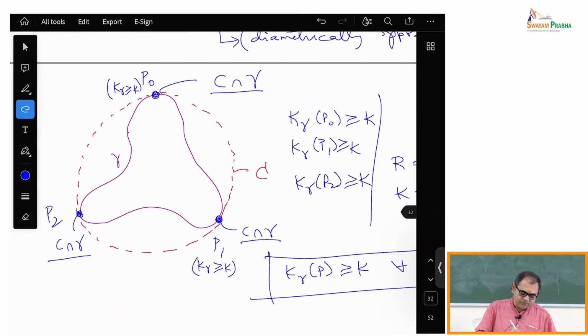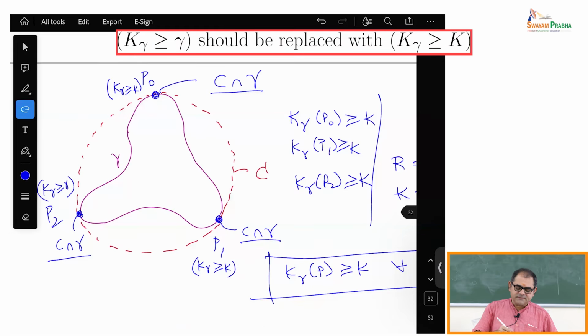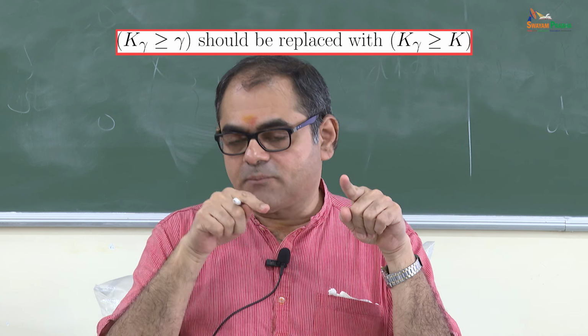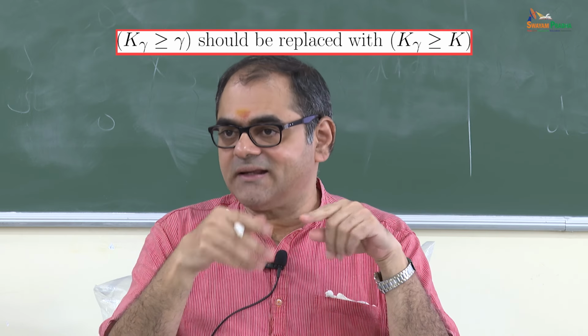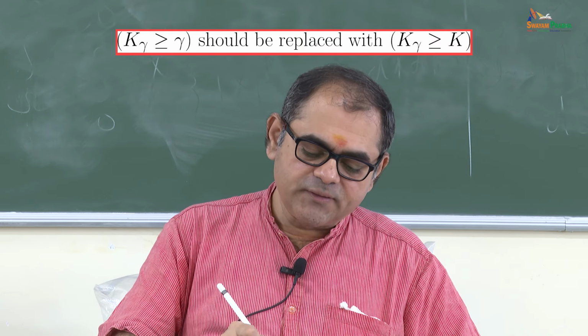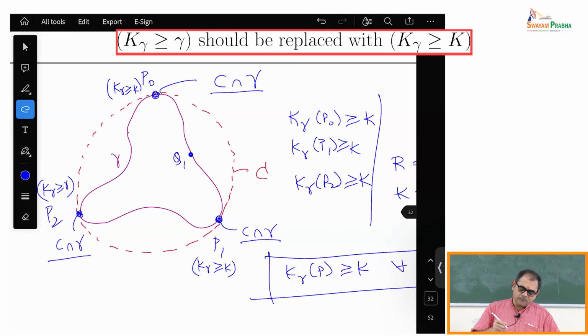And here also I have. The claim is that there are points in between any two such points on C intersection gamma where the curvature becomes strictly less than capital K. So you are going to get these points Q1, then Q2, and Q3, where the curvature of gamma at Qi is strictly less than K. There exist points like this.